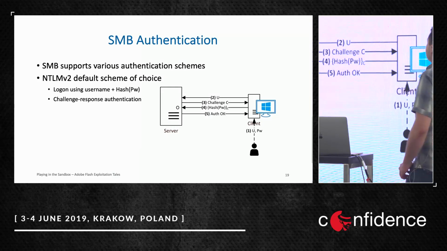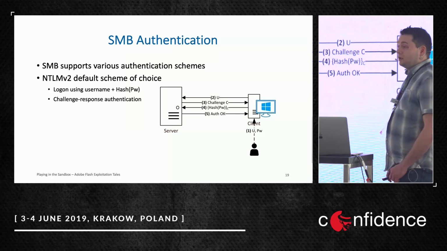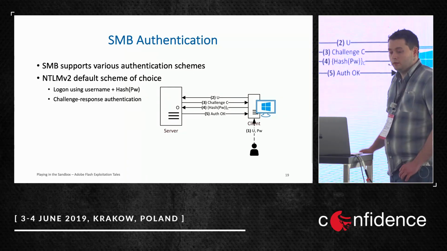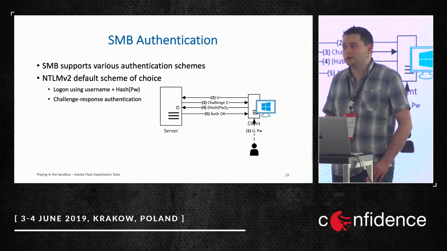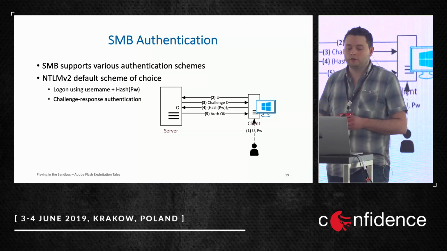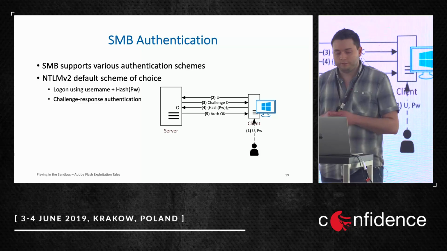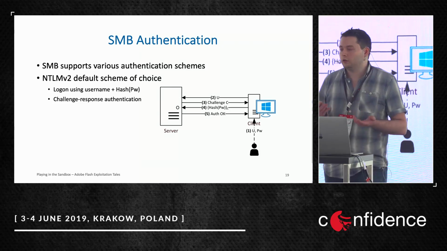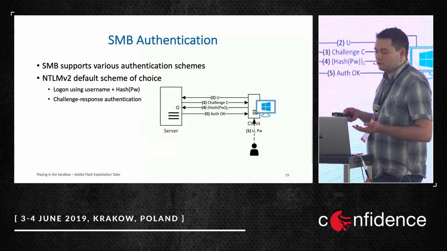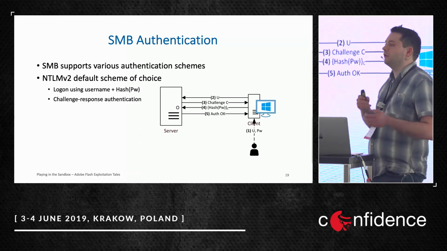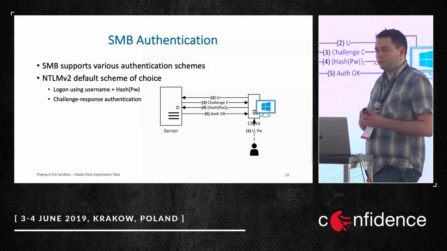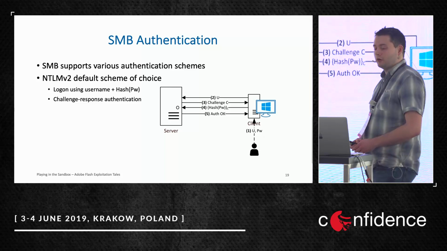So let's talk about SMB, in particular SMB authentication. SMB supports various authentication schemes, and one of them is called NTLMv2. And in this scheme, you log on with a username and a hash of the user password, and there's a challenge-response mechanism involved. So I'll briefly go through how that works.